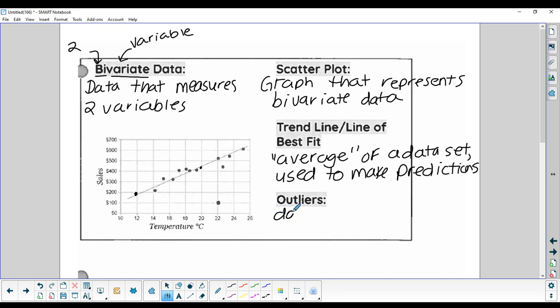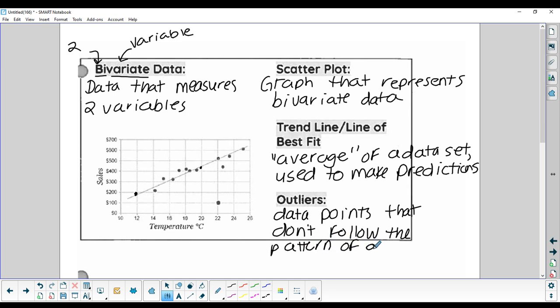Outliers are data points that don't follow the pattern of a data set. So here, there's an outlier at 22, 100, because typically if the temperature was 22 degrees out, I'd be making over $500 in ice cream sales.